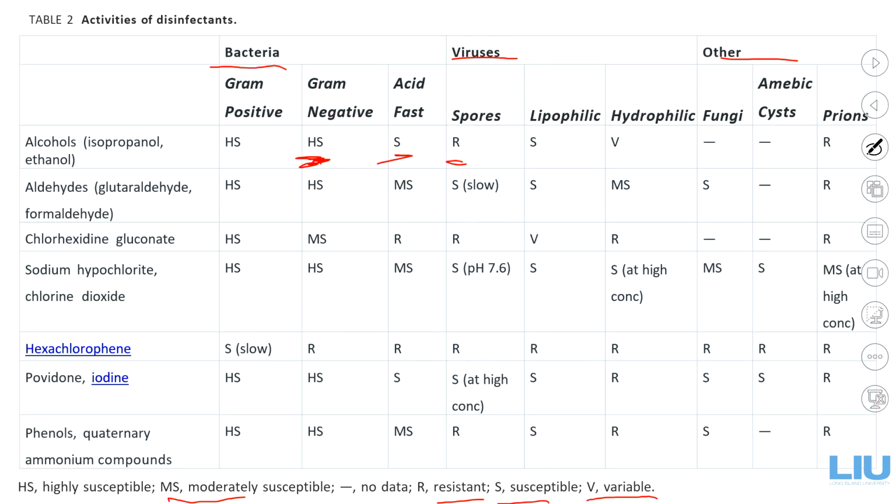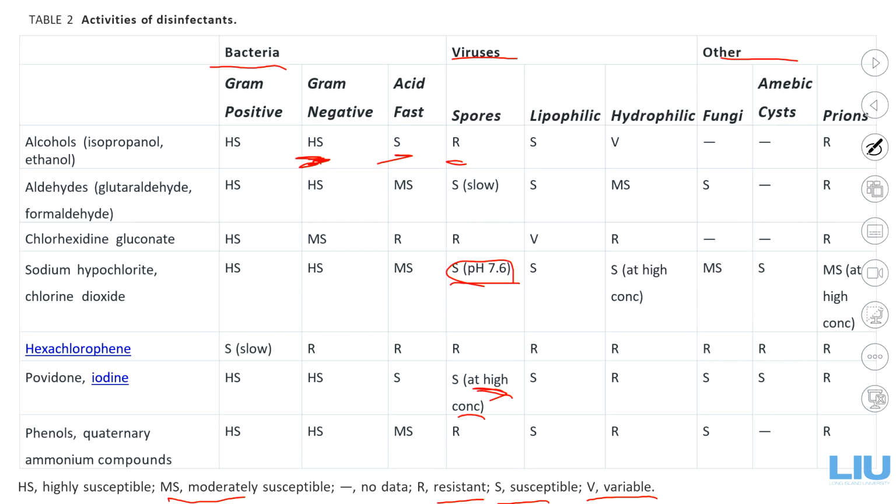Also, from this table, we would see that there are certain chemicals that act within certain pH values. So apparently, the pH plays a role in the activity of these chemicals, okay? And there are also certain chemicals that act at certain concentrations. So the take-home message from this table is that we have different kinds of organisms that are susceptible, highly susceptible, or not susceptible to the chemicals.